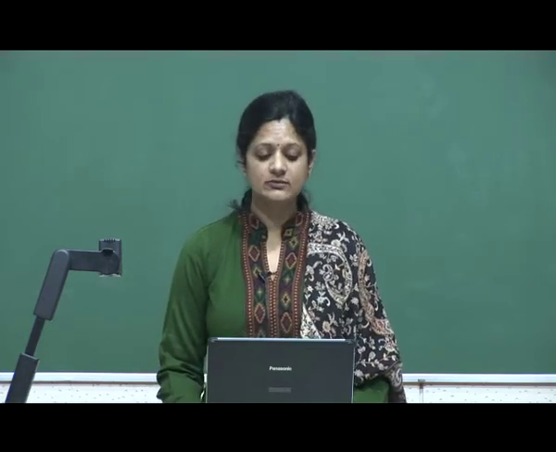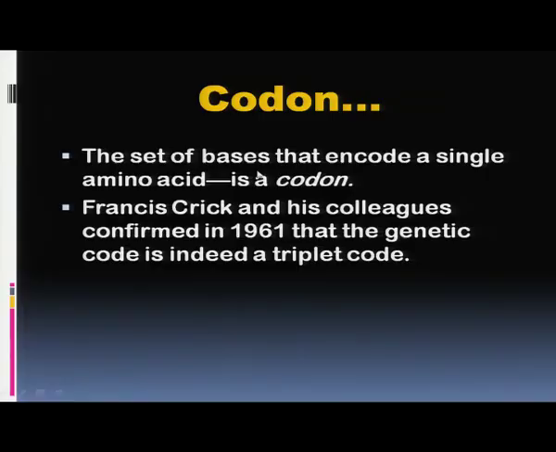So, the codon is a set of bases that encode a single amino acid. Codon is the set of 3 nucleotides, which is also called a triplet codon, and this set of 3 nucleotides which will code for one amino acid is called a codon.